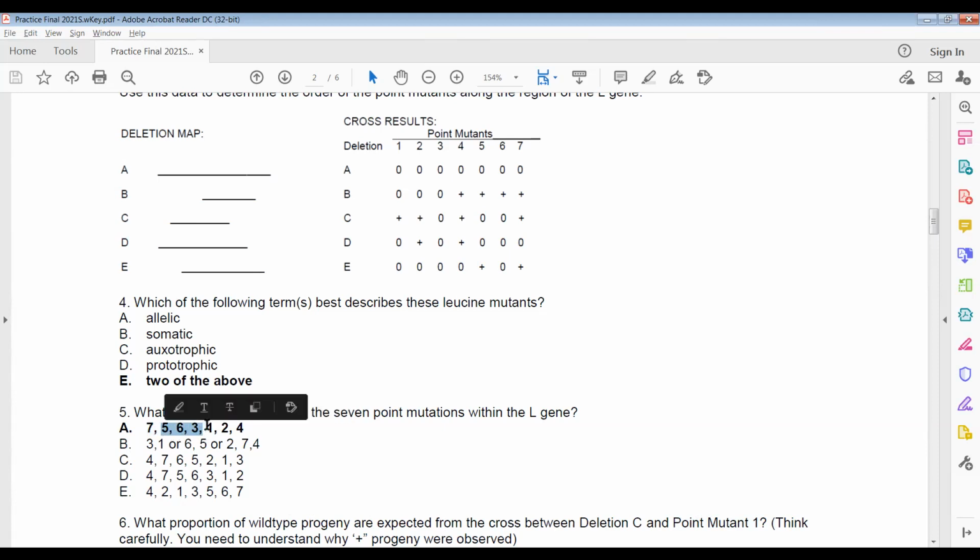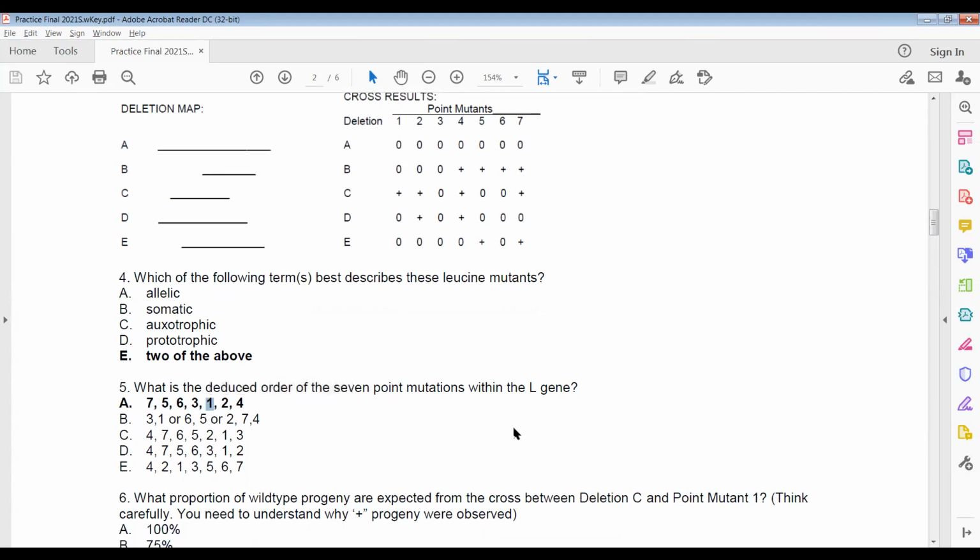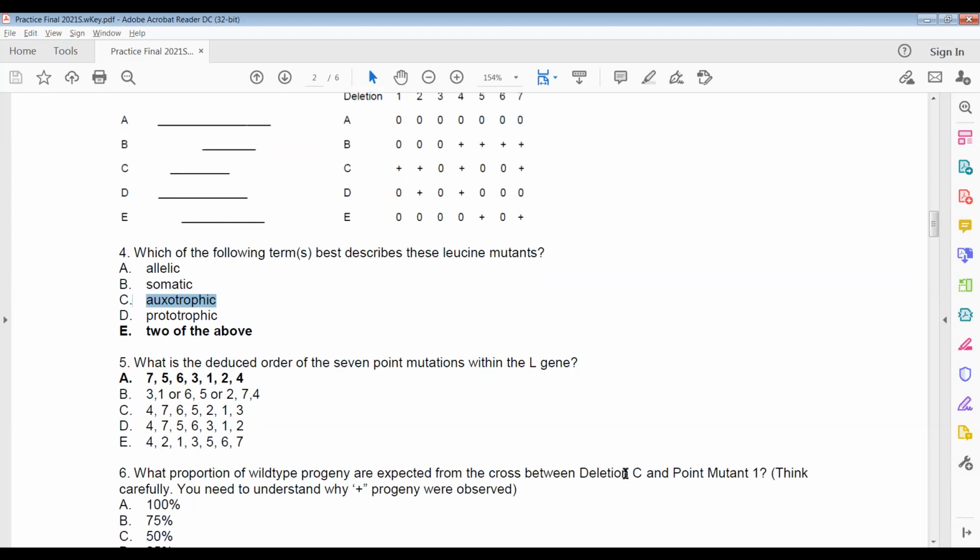If nothing happens, this cross will still generate auxotrophic progeny, right? However, if something happened, what is the something I refer to? If something happened, there's maybe a slight chance that progeny from this cross can become prototrophic. It can grow by itself on the minimum medium.